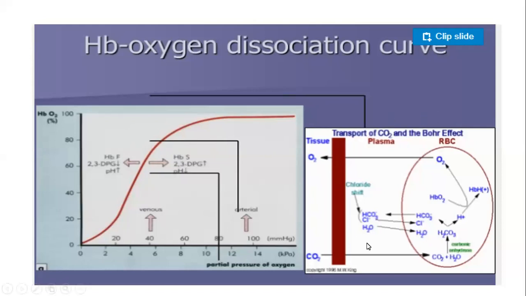While on the right side, basically this is just the effect that hemoglobin has on carbon dioxide and how the acid-base balance is played by hemoglobin.